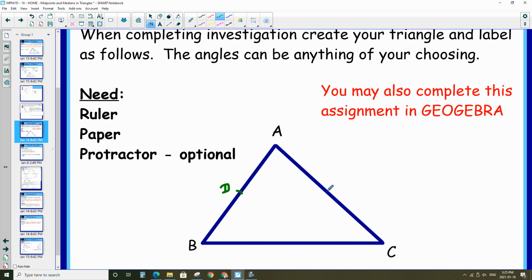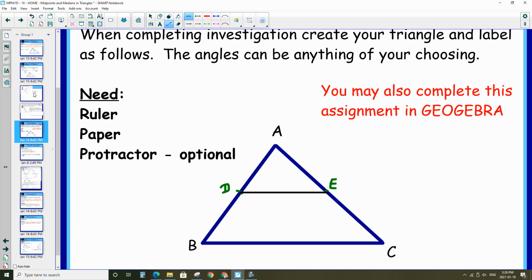Find the midpoint of that side, and you're going to label it E. And then you're going to add a new line to that. Then it's asking you to measure D to E. So you're going to measure this length, and you're going to measure B to C. You're going to do this in centimeters, and then talk about how those 2 lines are related.